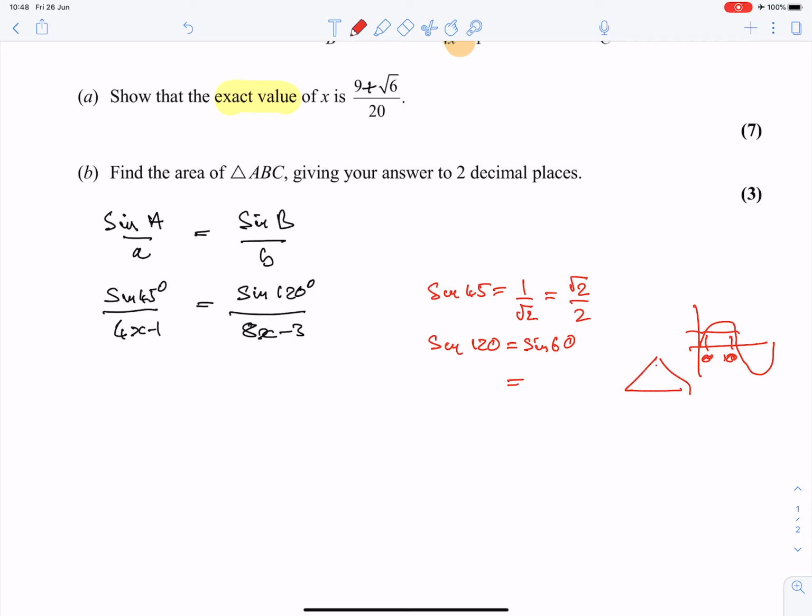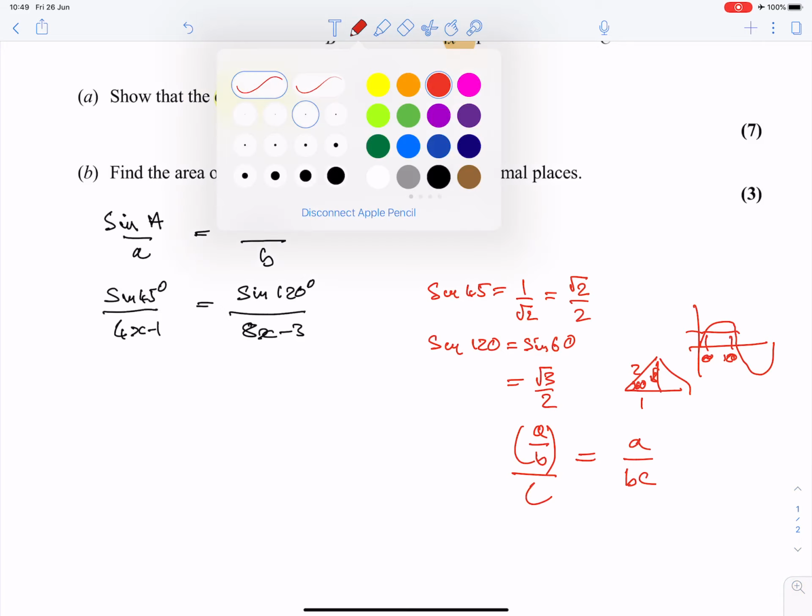Again, little sketch if you're not sure: 2, 1, root 3. So sine of 60 is the same as sine of 120, which is root 3 over 2. Also useful is A over B over C equals A over BC. So knowing these little things, bringing them together in this question means the working can be a little bit shorter.